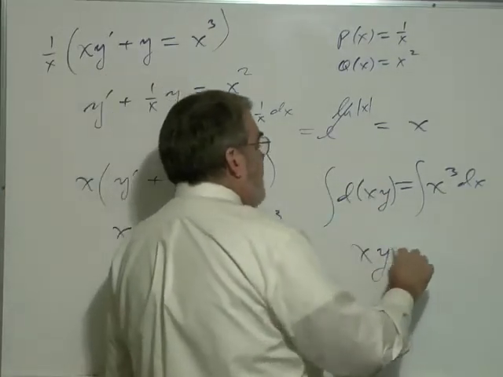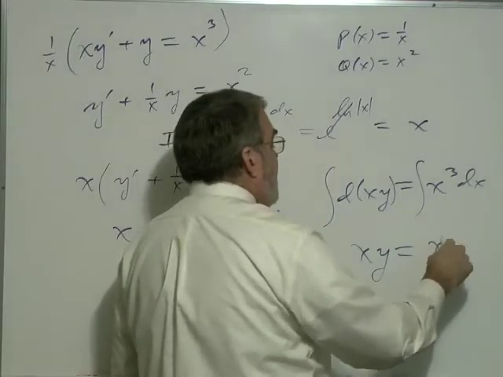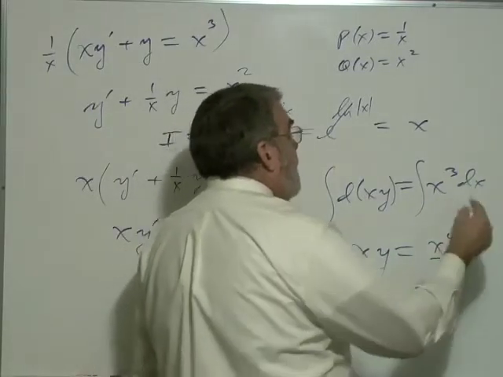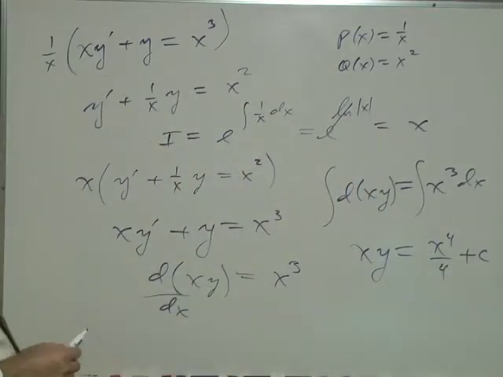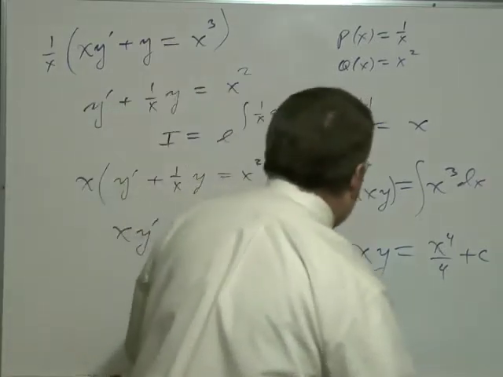So I have xy is equal to, integrate this, x to the 4th over 4 plus a constant. Now let's throw that constant in. And finally, let me do a little bit of erasing here.